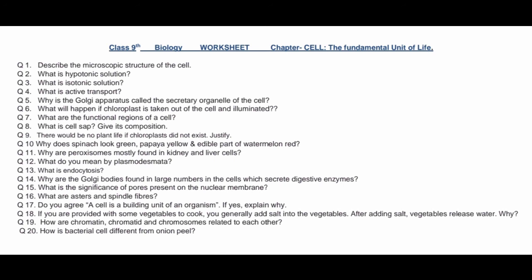Next, nucleus is absent in bacteria, and in onion peel it is present. Bacteria cells are prokaryotic, that is, they do not have a well defined nucleus or nuclear membrane, but onion peel is a eukaryotic cell. Cell division takes place by binary fission or budding in bacteria cells, but in onion peel cell division takes place by mitosis. These are the few differences which you can write.